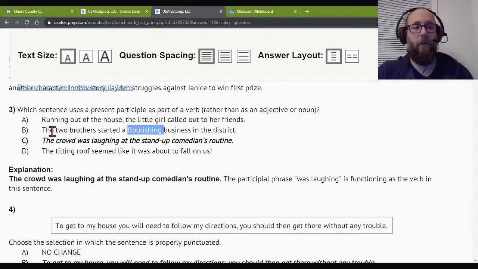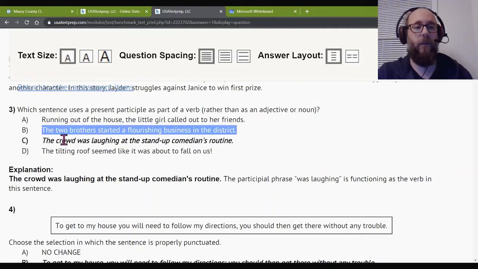What's the verb here? Well, first of all, the two brothers did something. They started. What about business? Flourishing business? What's this acting like? It's describing the business, right? A flourishing business. So, verb? Nope, it's not acting like a verb. It's acting like an adjective.